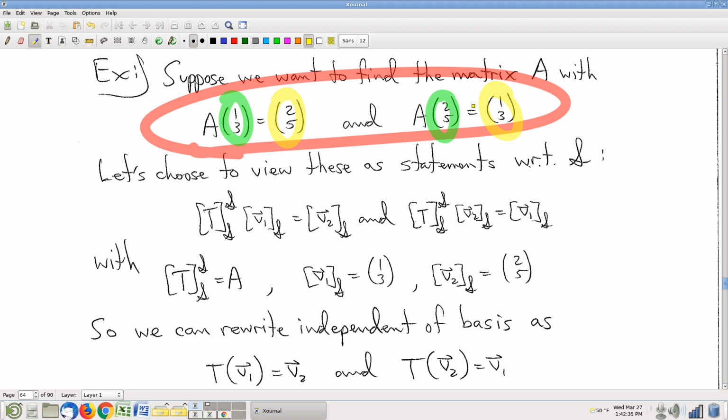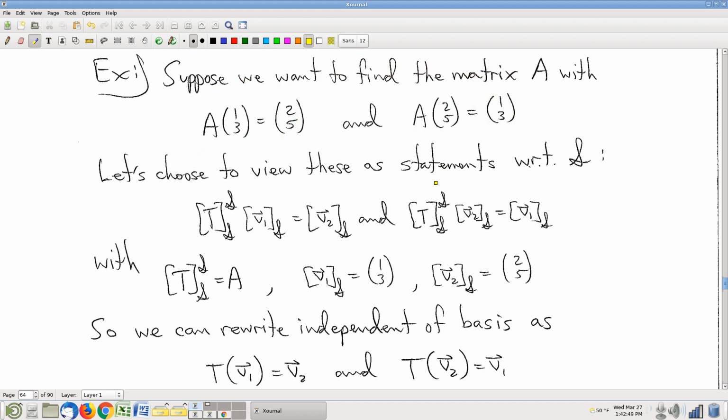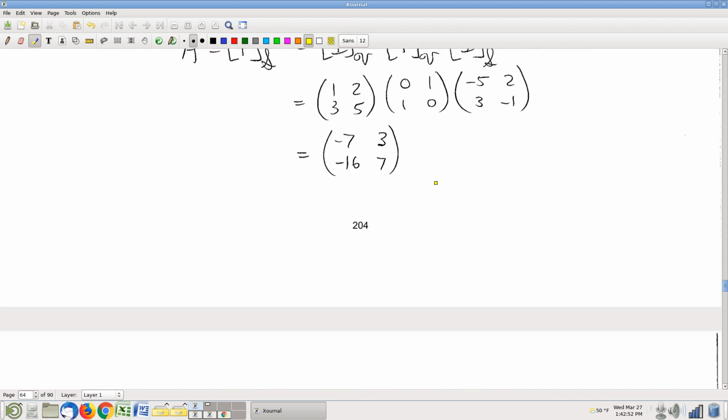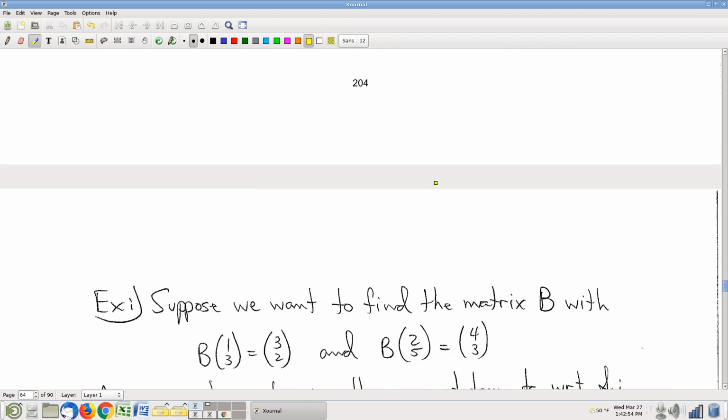So a complaint that you might make against this example is, okay, this seems only to be a method that works in that extremely unusual special case where the input basis and the output basis are the same. So all I want to point out with the next example is, you totally can deal with this in a different situation where the input and output vectors are totally different. So here, input vectors 1, 3, and 2, 5.